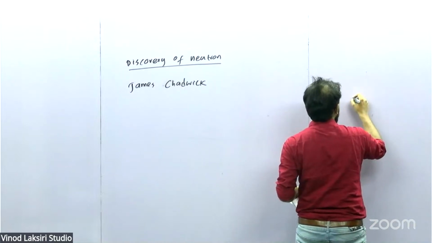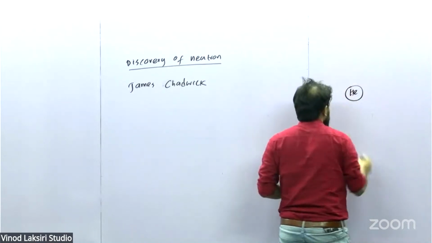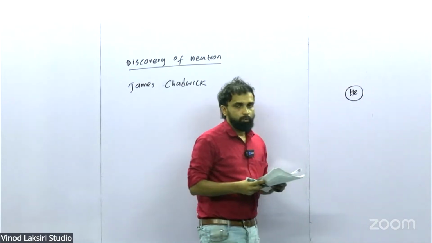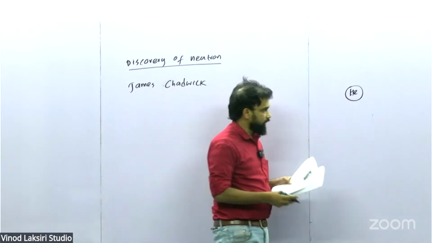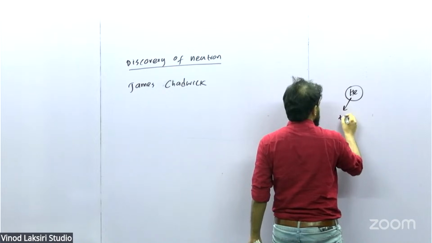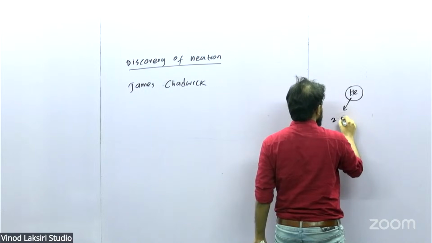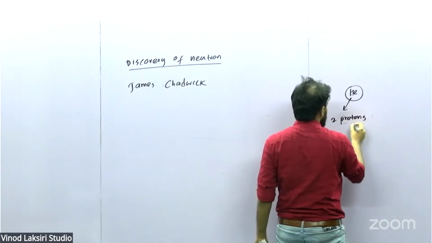The cathode ray experiment was conducted using helium gas, and scientists determined that helium gas contains 2 protons.